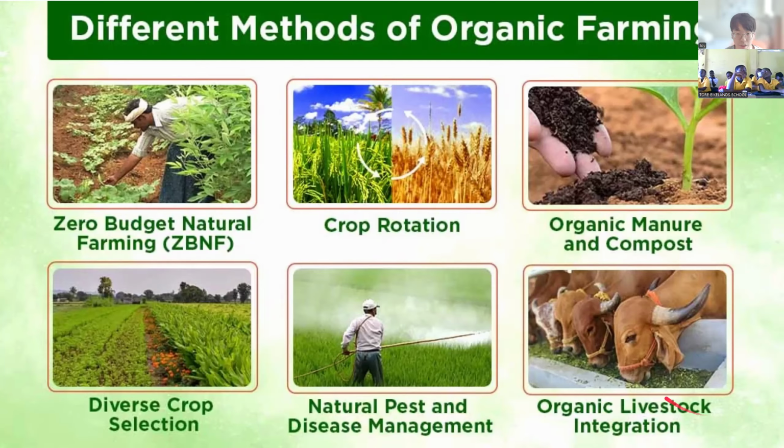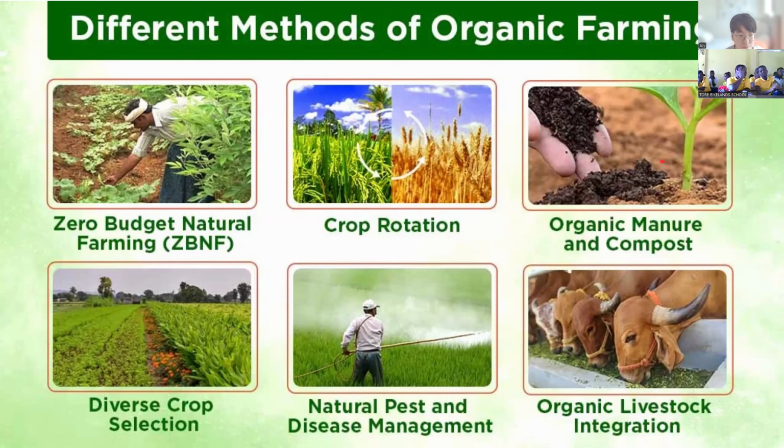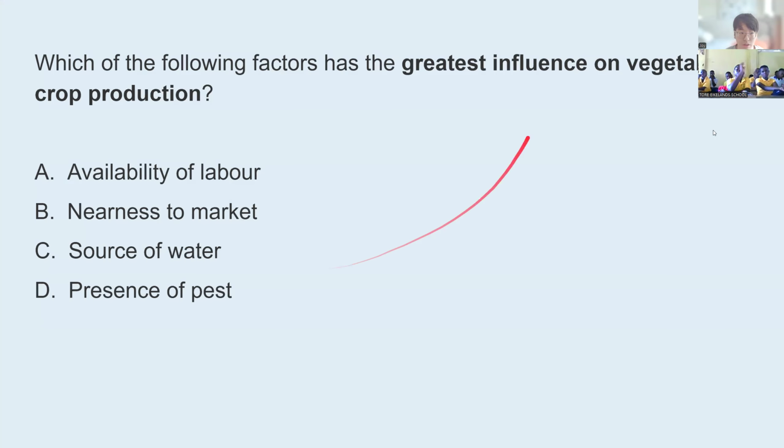So all of these methods help by increasing the fertility of the soil. That was why the answer choice for this question was A. All of these help increase the soil fertility. Okay.